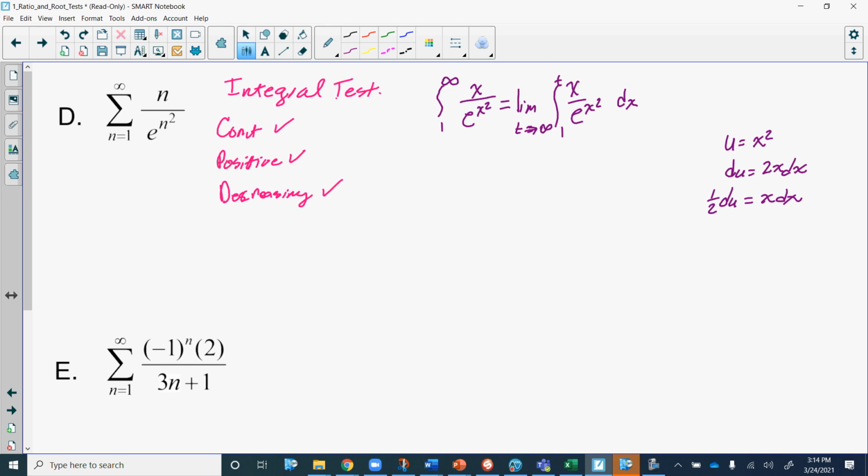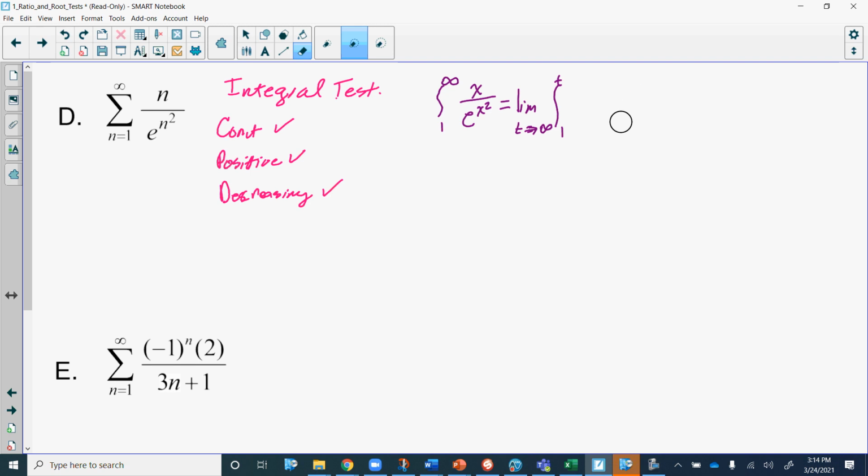Oh, you know what? I want to clean this up a little bit. Sorry, if you need to erase anything. I'm going to write it as x times e to the negative x squared power, so it's a little bit easier to do some integration with.